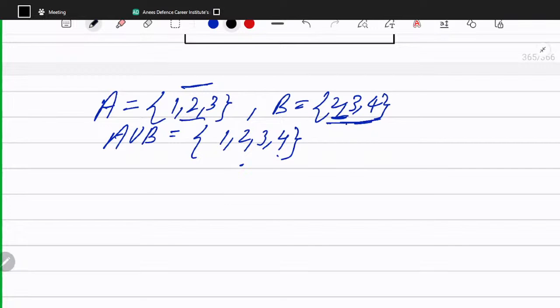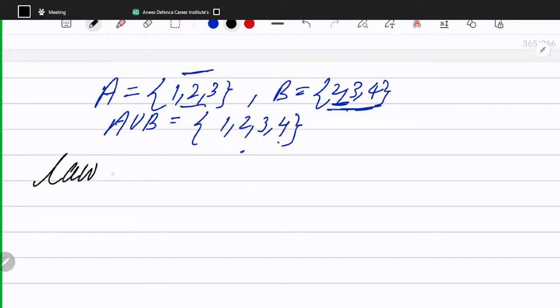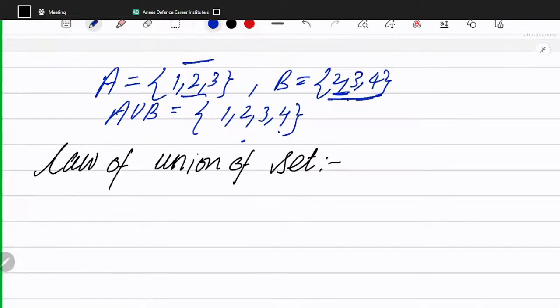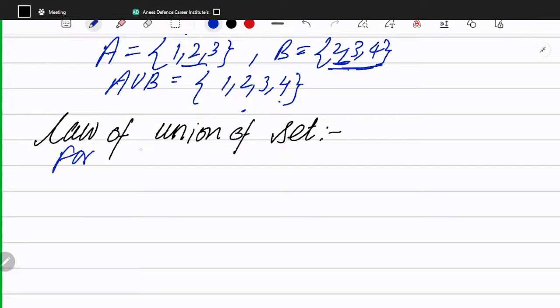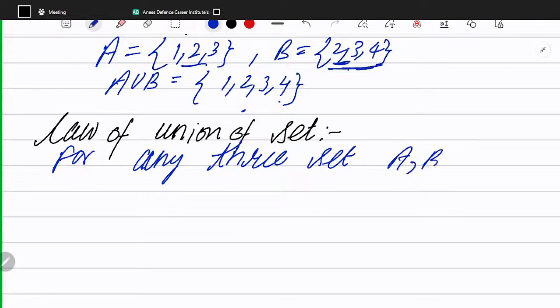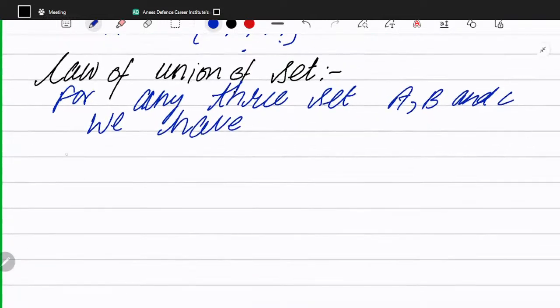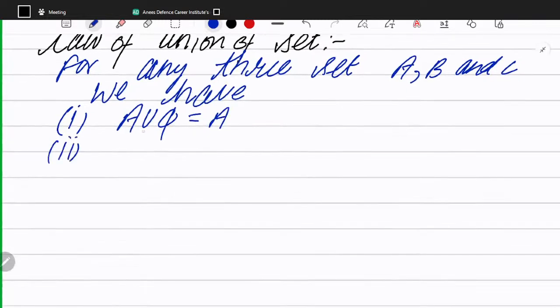The next one is laws of union of set. For any three sets, we have A union phi is equal to A. Second one is U union A is equal to U. A union phi means a set capital A is given and a null set.